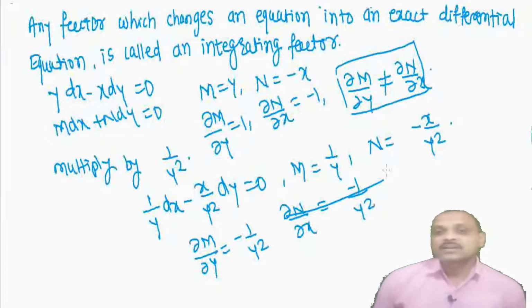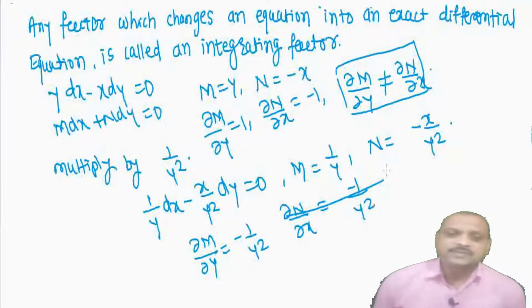Also there are a few rules which tell us exactly how to find an integrating factor. But by solving various equations, by practicing, by inspection, we can find an integrating factor.